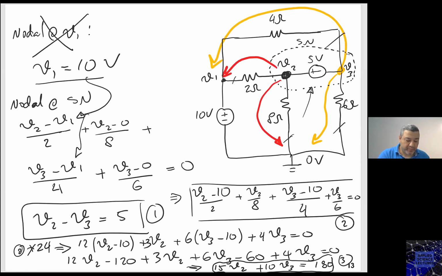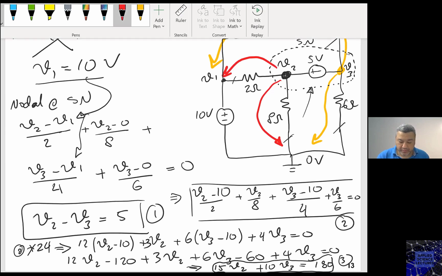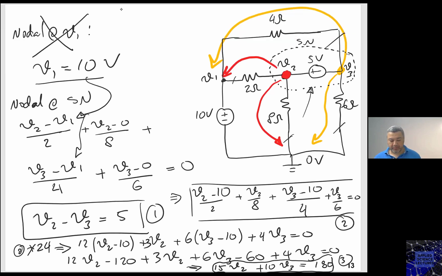So basically, when you're creating a supernode, you're taking these branches and converging them on the 5 volts and treating that as a node. I took the two variables that have the voltage source connected between, and I made a super circle. That circle encloses that voltage source and any other element connected in parallel with that source.